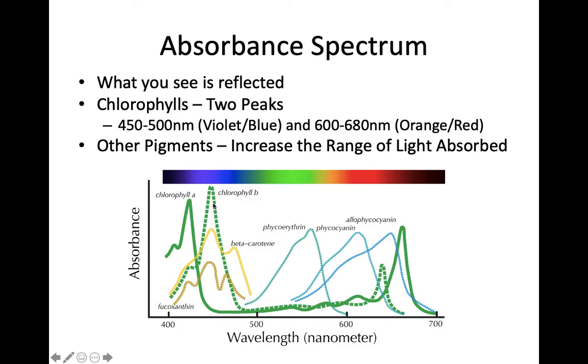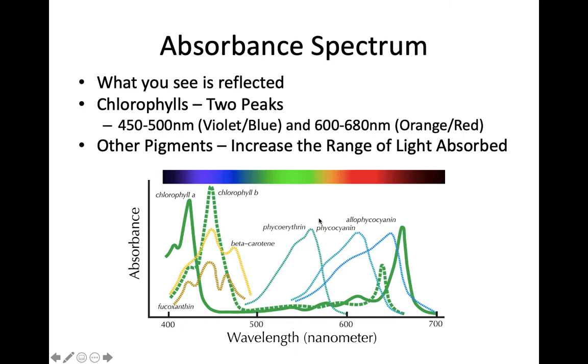They'll expand the absorbed spectrum into the green range that you can also see here in this graph. They'll be orange or red in color, and you can see these in leaves that change color in the fall. Another pigment that's pretty common, that's not in this graph here, are xanthophylls. Those are usually yellow in color because they are reflecting yellow light, or light within the yellow wavelength range.